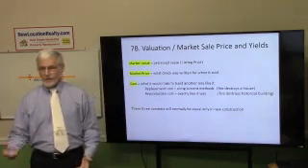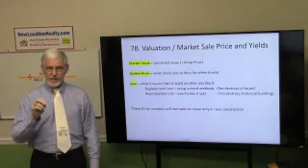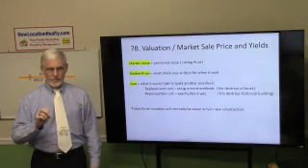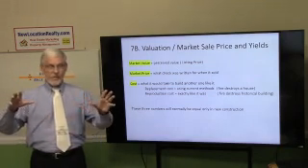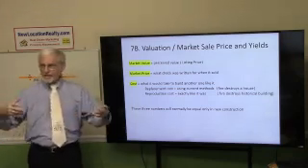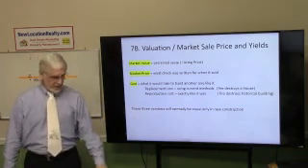That's replacement. The other one's reproduction cost. That's where you're going to build it back just like it was. That'll be like a historical building. You know, maybe a log cabin burned off. Well, they're going to try to get the same kind of logs they had and make it just like it was. You're going to reproduce it.